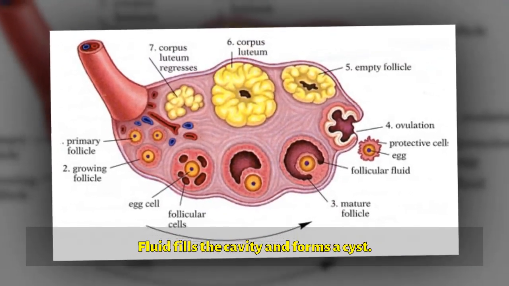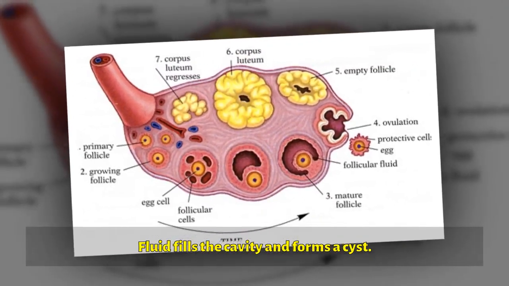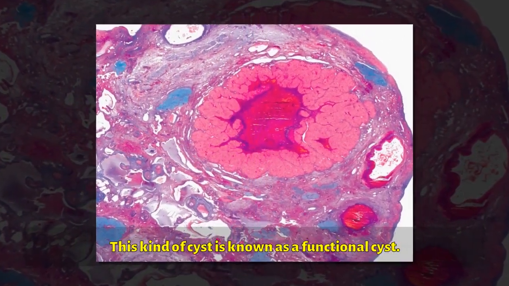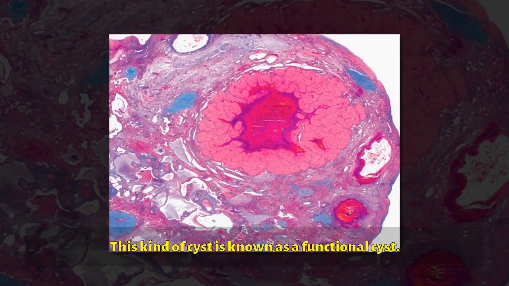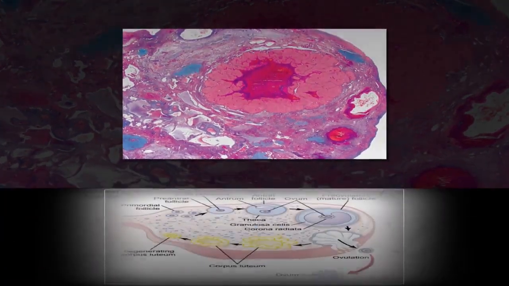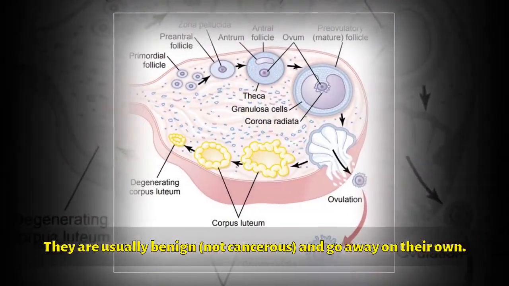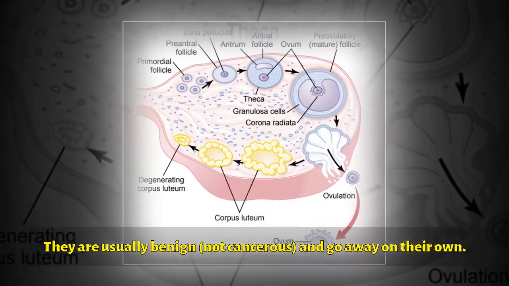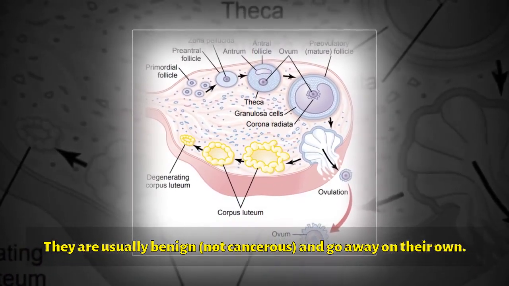Fluid fills the cavity and forms a cyst. This kind of cyst is known as a functional cyst. They are usually benign, not cancerous, and go away on their own.